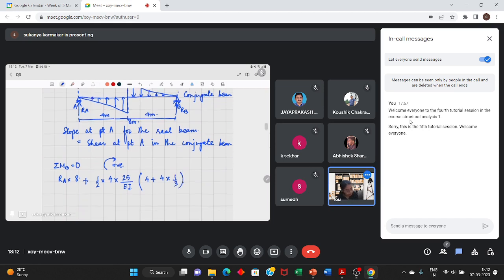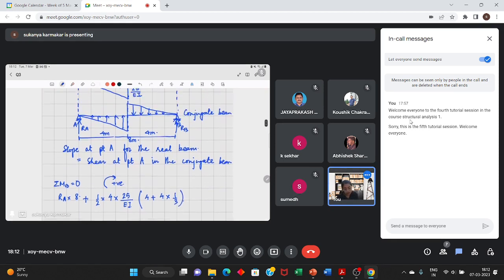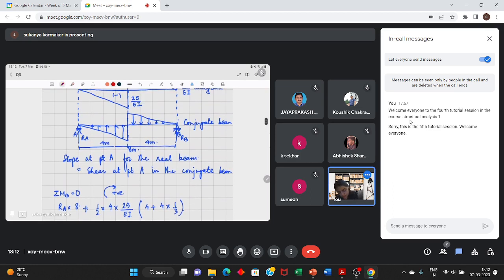Okay, minus, now I have written the expression for this triangle. Now I will be writing the expression for this triangle.